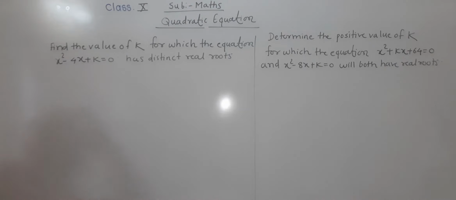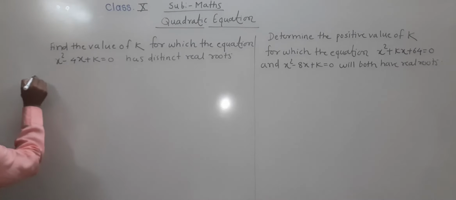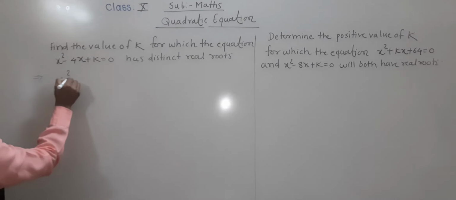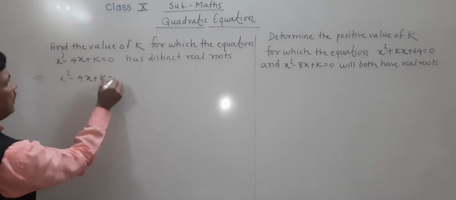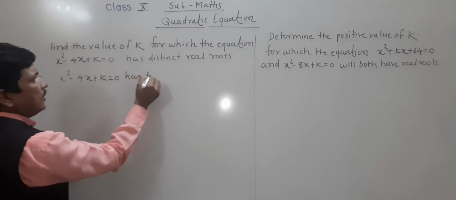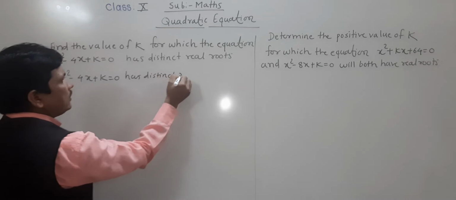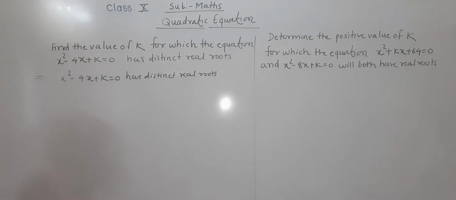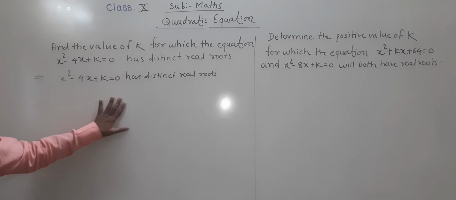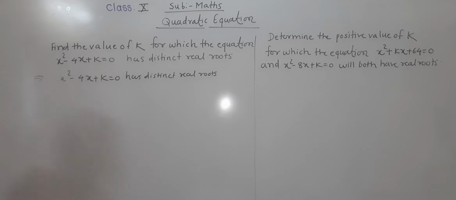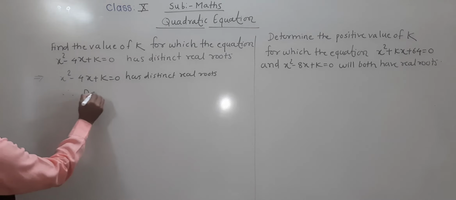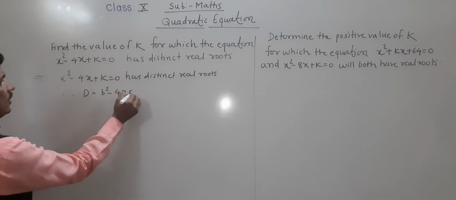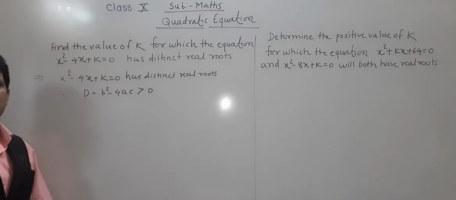So which condition will be satisfied by this equation, that we have seen yesterday? So definitely the discriminant, that is D, will be greater than 0. D, that is b square minus 4ac, is greater than 0. This condition will be satisfied.